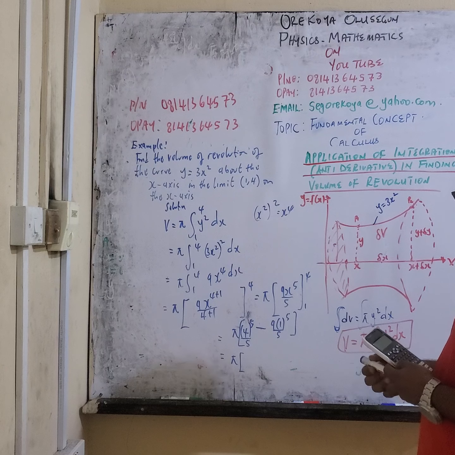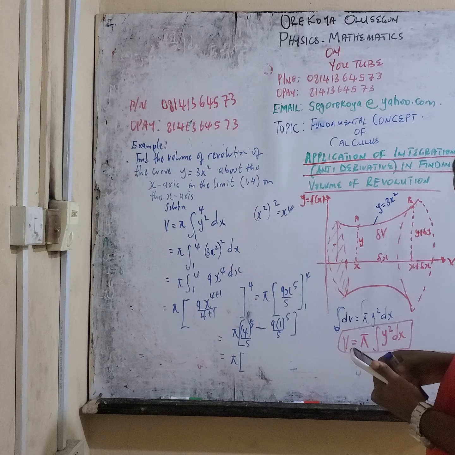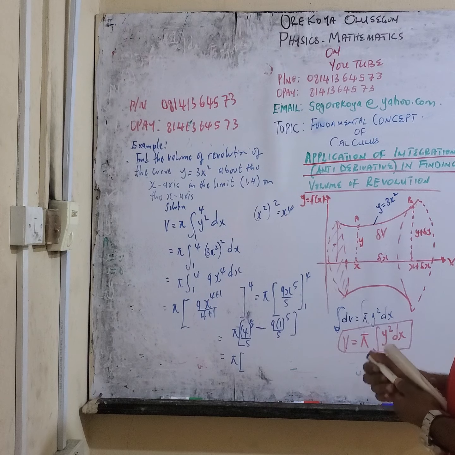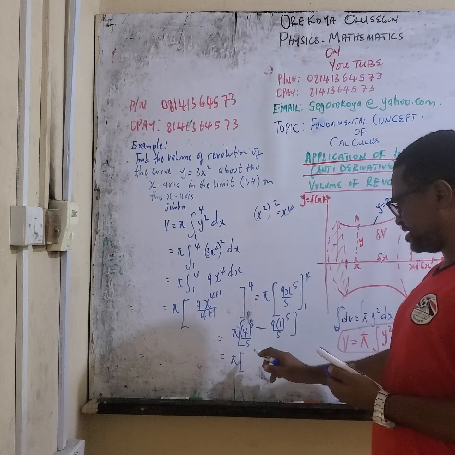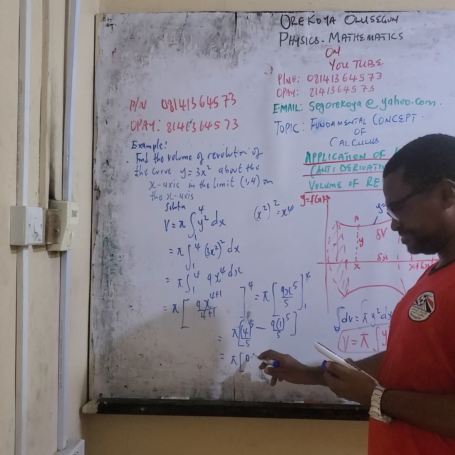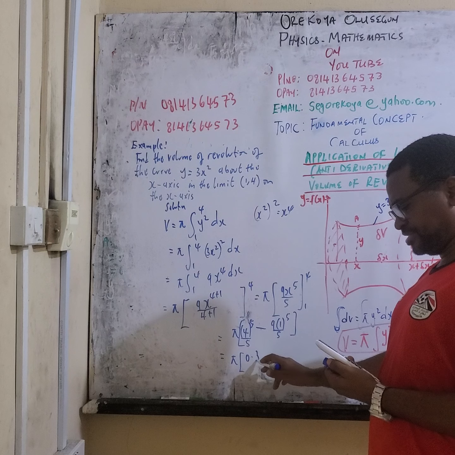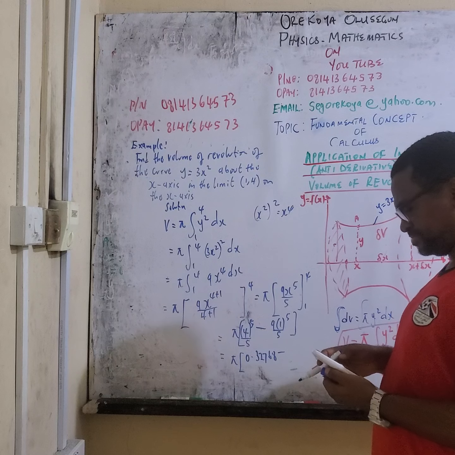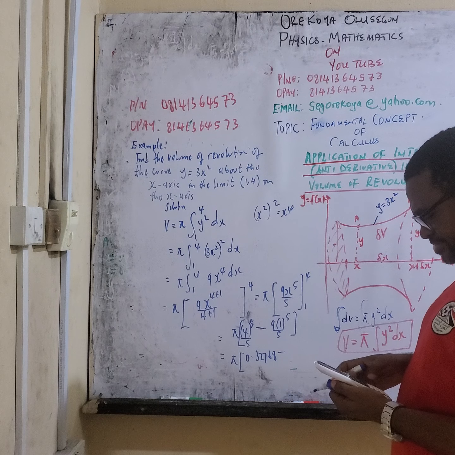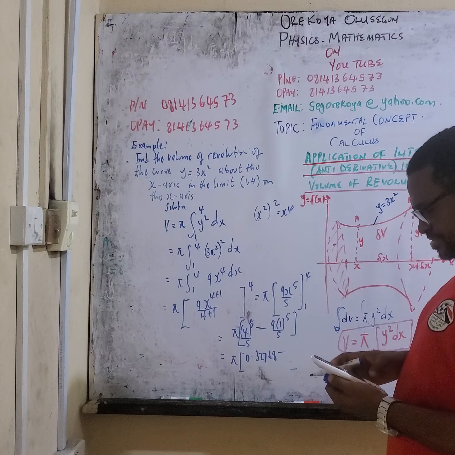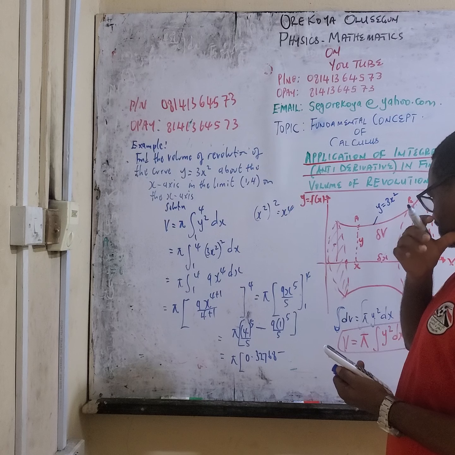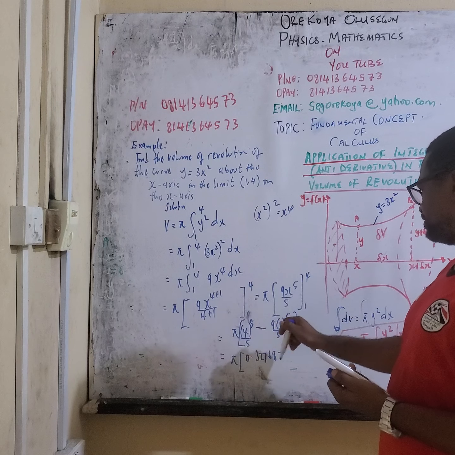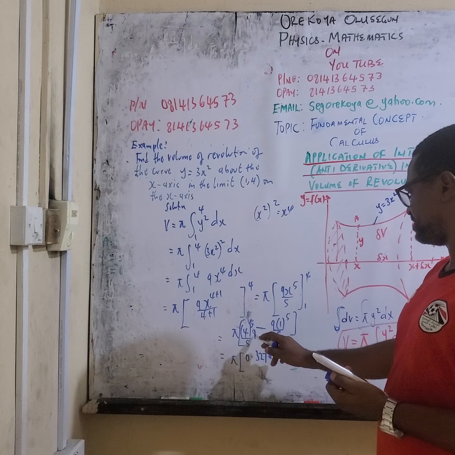What I have here is 0.32768 in decimal form. Sorry, times 9. I have 9 here, so times 9.